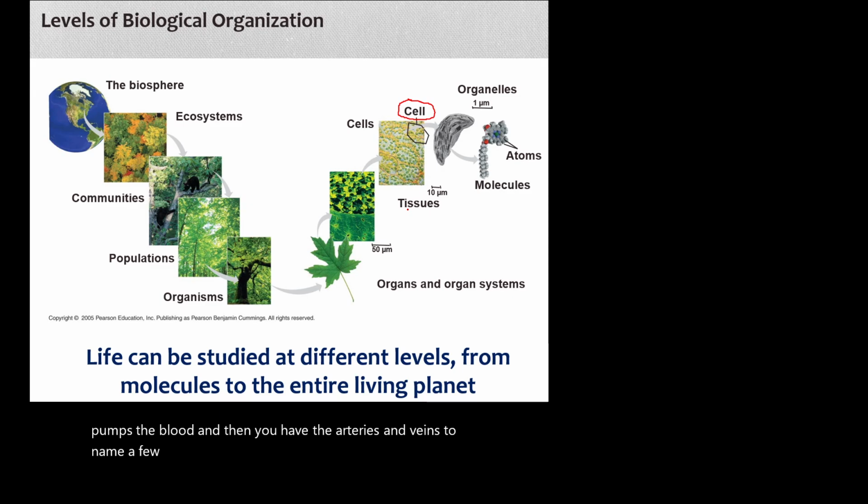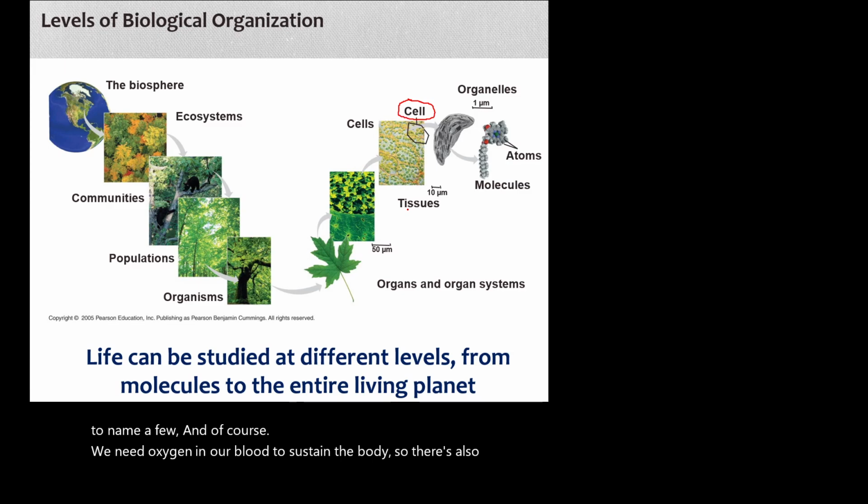And of course, we need oxygen in our blood to sustain the body. So there are also some interrelationships between the circulatory system and other systems like the respiratory system. All of these organ systems operate to allow an organism to survive.